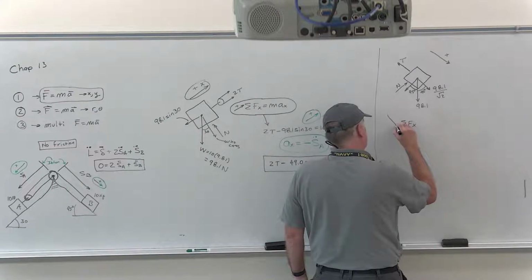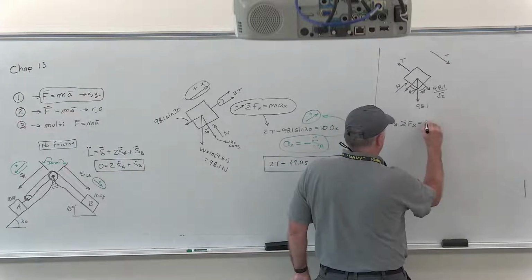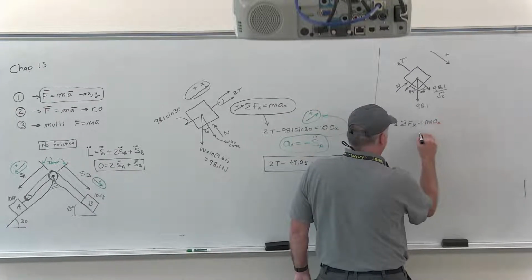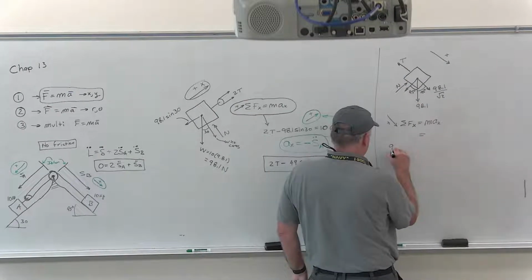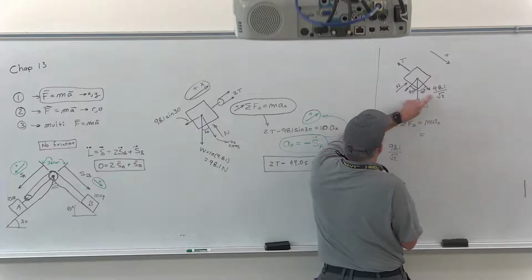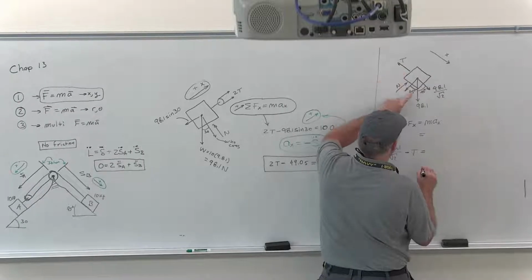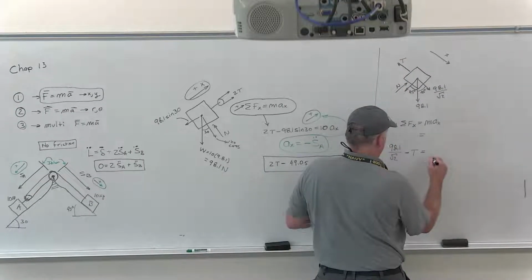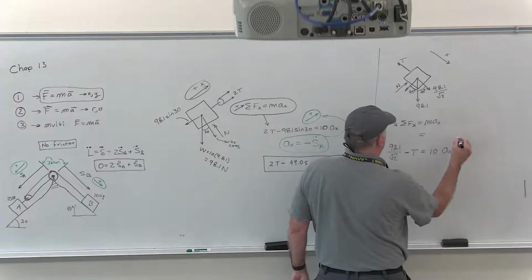And it's going to be such that that direction down that way is positive, the mass times the acceleration of x. So I got this one, which is 98.1 over square root of 2 minus the tension is equal to, there's no other force, just those two, 10 kilograms times the acceleration of x.